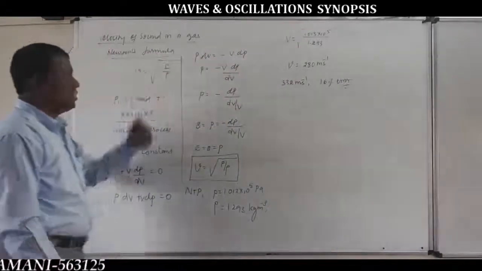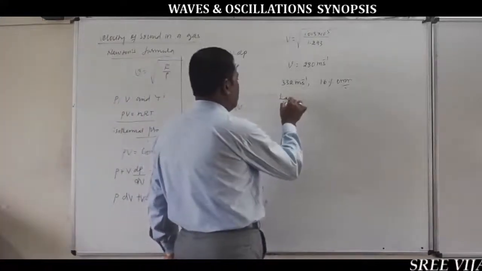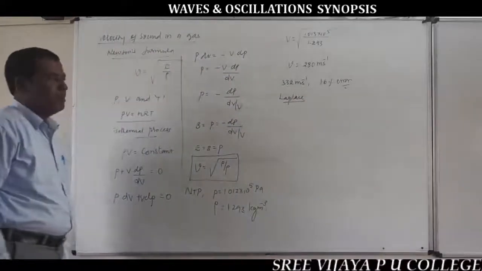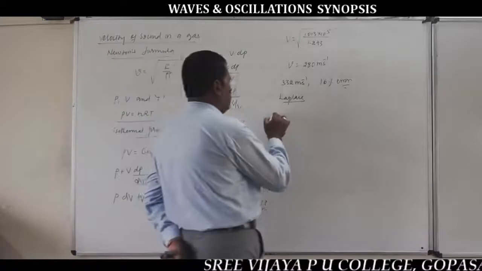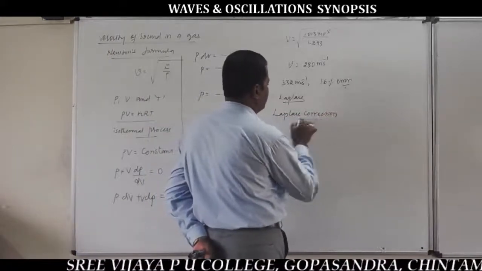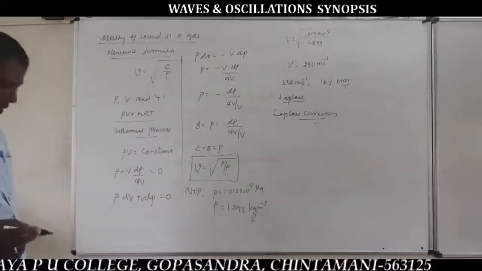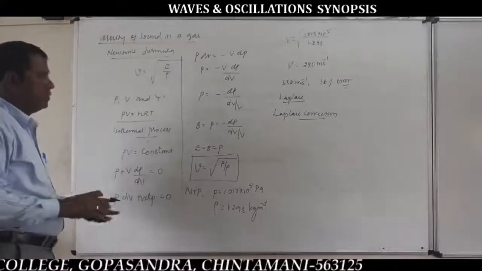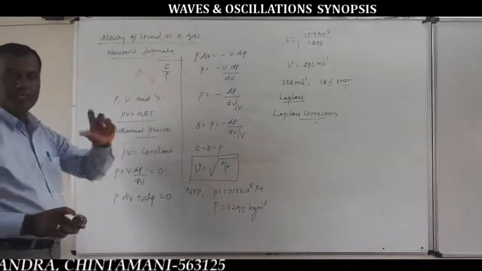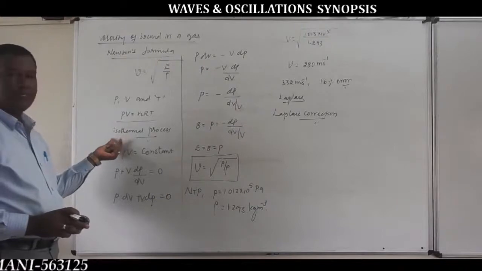So therefore, Newton's formula requires a correction, and that correction was given by Laplace. So now let us move to Laplace correction. According to Newton, sound propagation in a gaseous medium is an isothermal process, in the sense that the temperature remains constant.